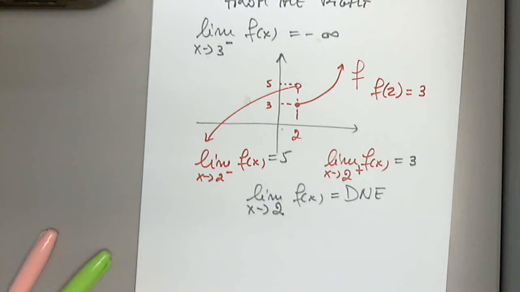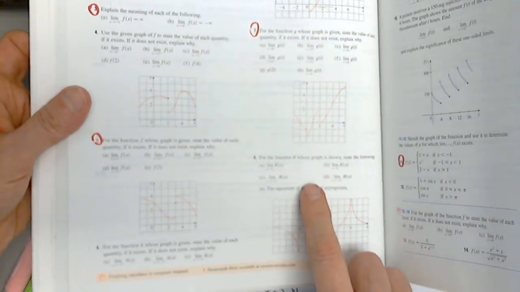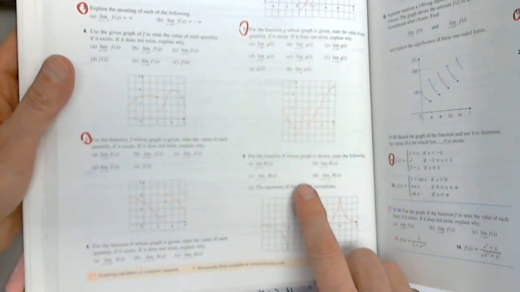Okay, so let's look in the book now at several examples. Please choose anything you want from here so we can analyze and answer the questions about limits. You want to start with 8? Okay, perfect. In 8, for the function r whose graph is shown, say the following.